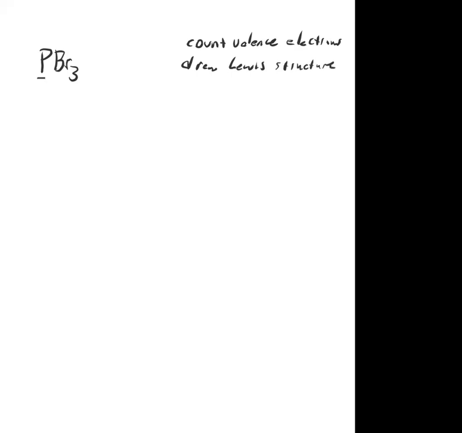You've got one phosphorus. Phosphorus is in group 5A, so it has 5 valence electrons. Bromine is in group 7A, so it has 7. But remember, there are 3 of them, so 7 times 3 is 21. There is no charge here. This is not a polyatomic ion. It's just a molecule, phosphorus tribromide, PBr3.